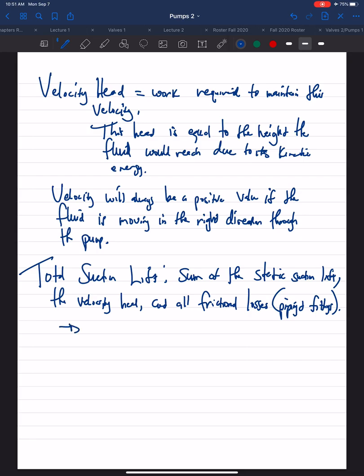The object of this calculation is to determine the pressure developed at the inlet of the pump.